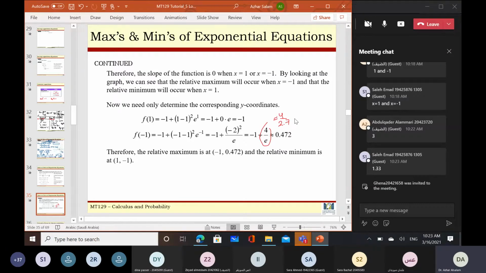It will be 1 point something, I think it's 1.472. Then add minus 1 to it. It will be this quantity. So to find this quantity, first I divide 4 by e, and this is the result. Then I subtract 1 from it, which gives me this value. And this will be approximately the maximum point. This is the maximum point.